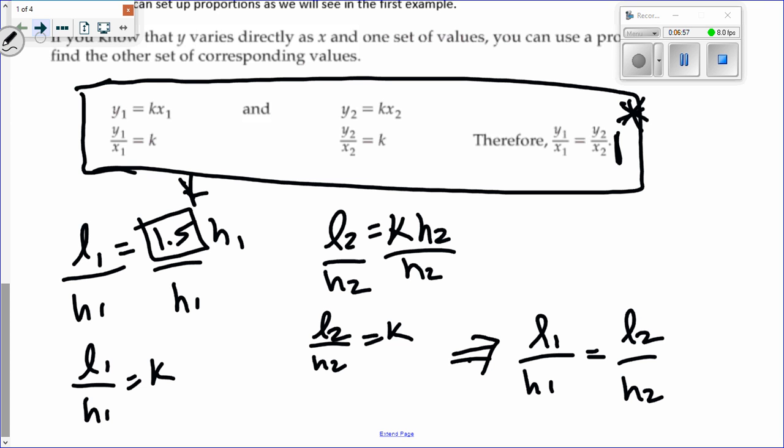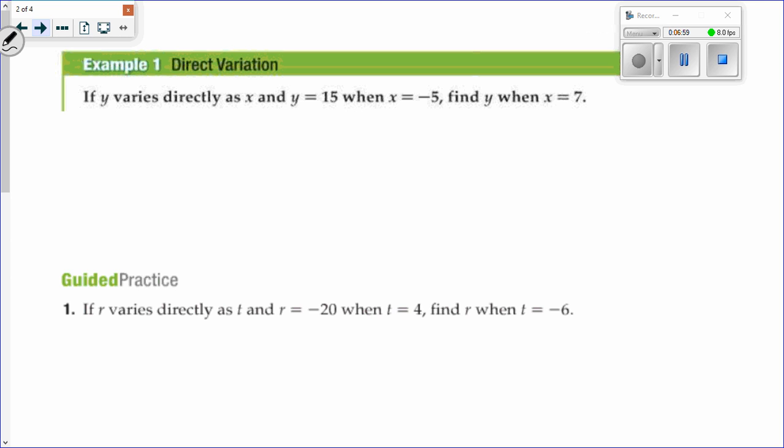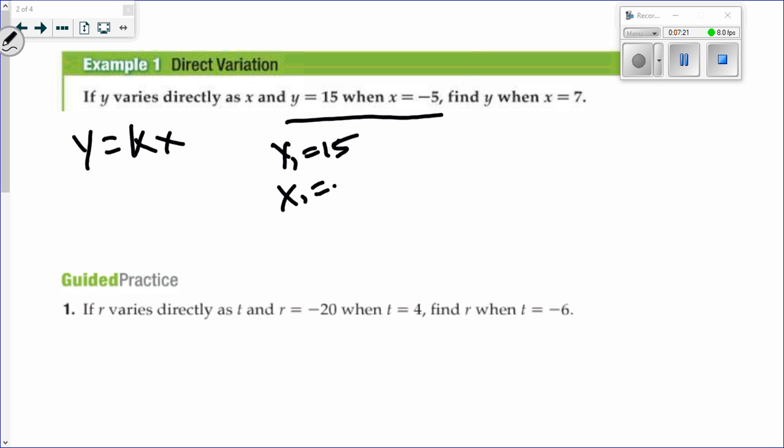Okay, so let's take a look at the first example we have. If y varies directly as x, that first bit gives me that y is equal to some constant times x. That's a direct variation. And y equals 15 when x equals negative 5. That gives me a pair: y1 equals 15 when x1 is negative 5.